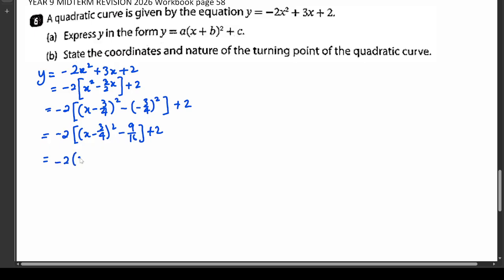So -2 with the complete square bracket, right? Nothing there, it's just writing side by side. -2 times -9 over 16, so this is plus 2 and 16, you will basically simplify, right? You get a 9 over 8 and plus 2, you copy back. No more square bracket because you have multiplied inside, so there's no more square bracket.